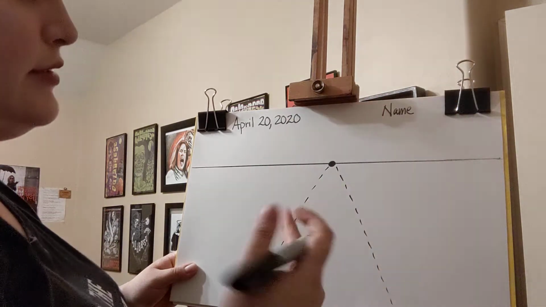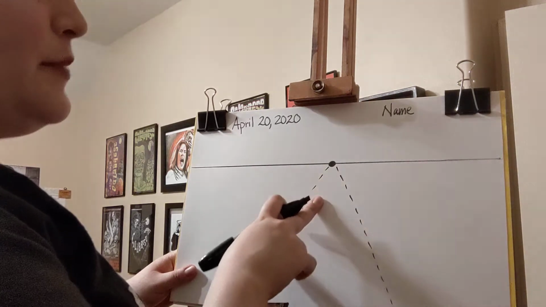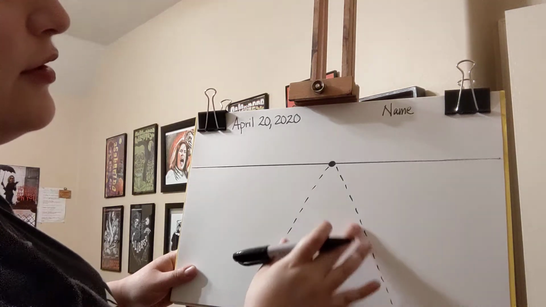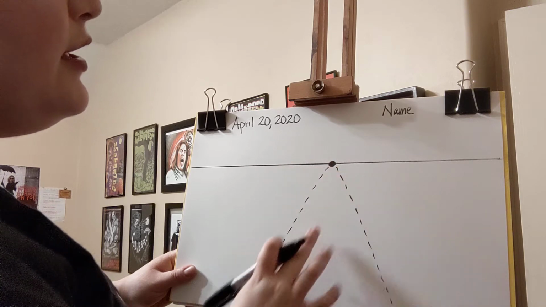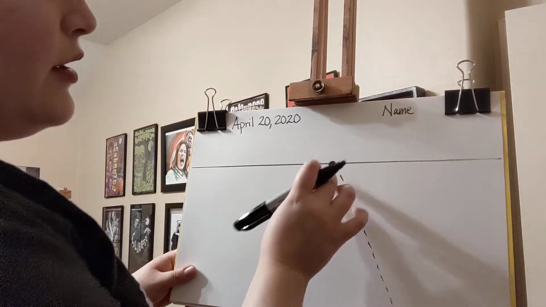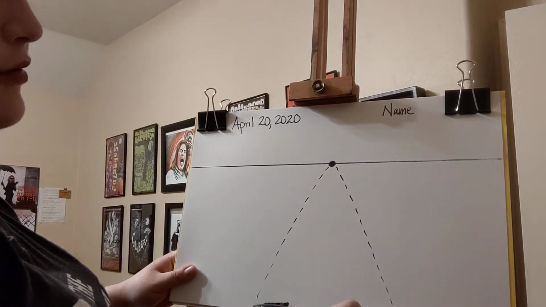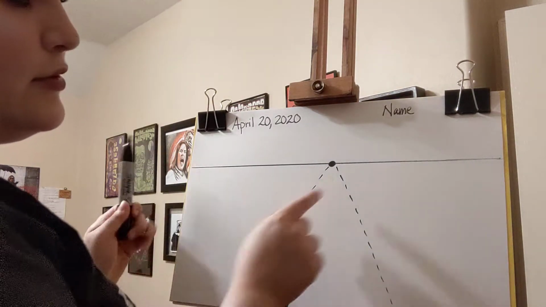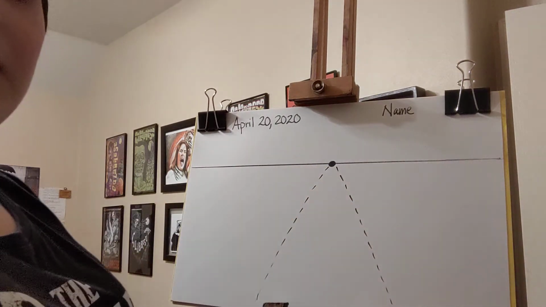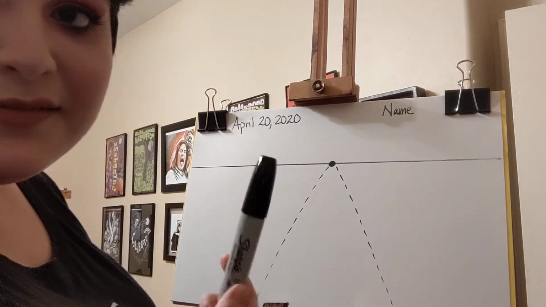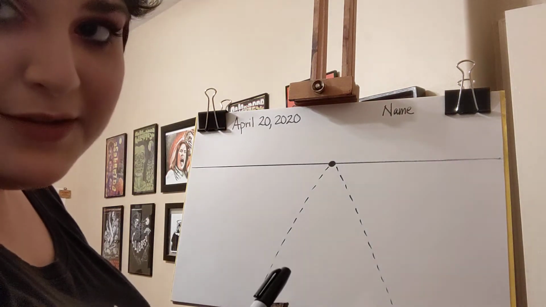I'll actually show you guys an example in a little bit, but just remember, when it comes to 1-point perspective, everything closest to the vanishing point, this point right here, is small, and then as you go outwards out of the paper, it gets bigger. So it starts small and then gradually gets bigger. Okay, so that's your basic template for 1-point perspective.